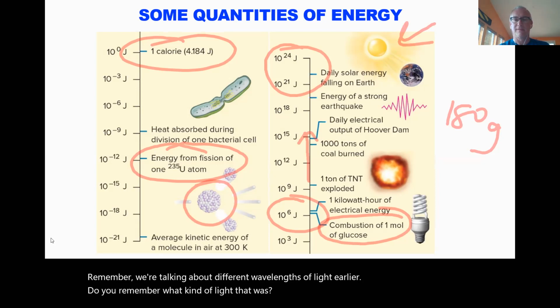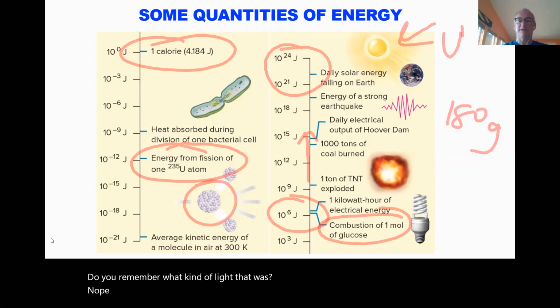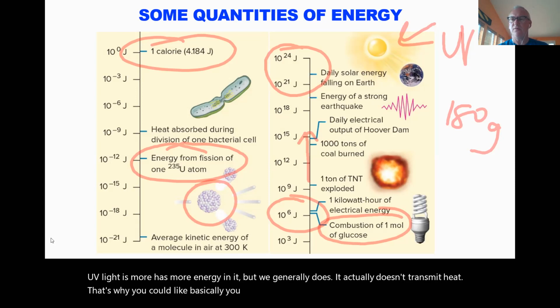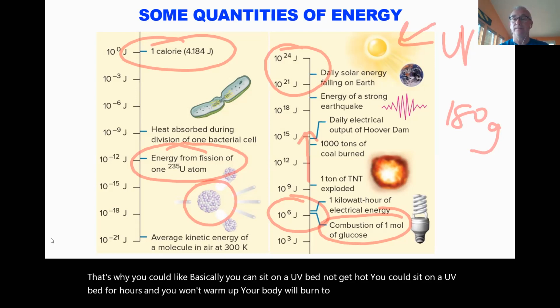UV light? No, UV light gives you skin cancer and a nice sunburn. UV light has more energy in it, but it actually doesn't transmit heat. That's why you can sit on a UV bed for hours and not get hot. Your body will burn to a crisp, but you won't warm up at all.